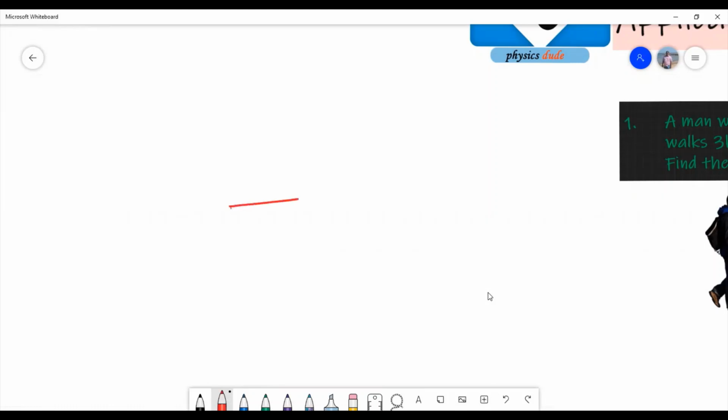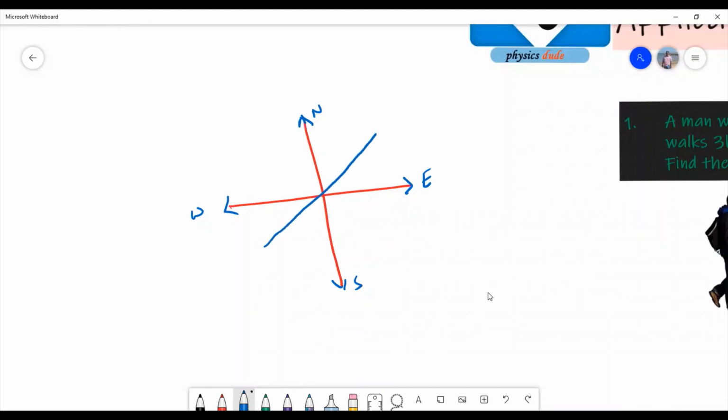I'm just reminding you. On the paper, we always take this as east, this as west, north, and this is south. And remember, if it exactly bisects, if this is 45 degrees, then this direction we call northeast.